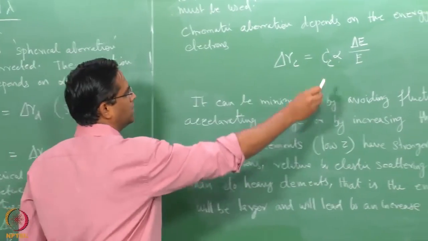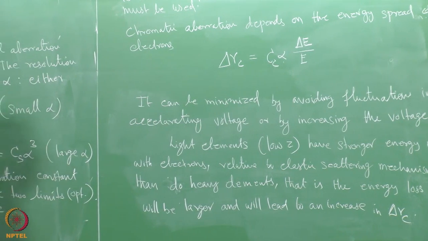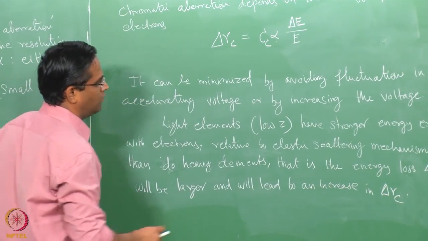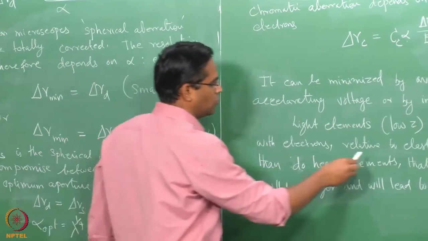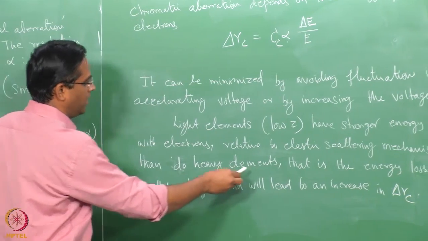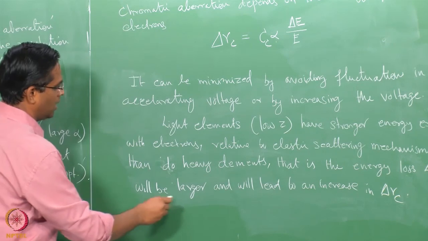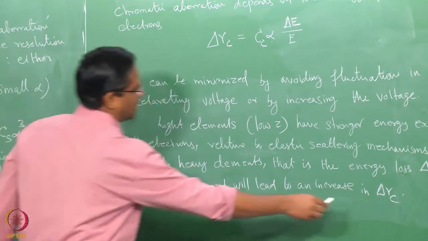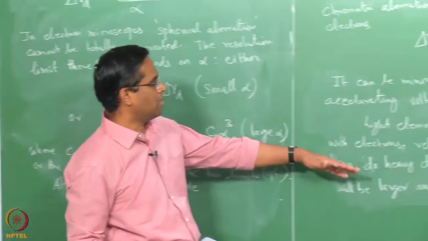So, if you increase the voltage, then the energy spread can be minimized. The light elements, that is low atomic number elements, have stronger energy exchange with electrons relative to elastic scattering mechanisms than do heavy elements. That is, energy loss delta E will be larger and will lead to an increase in the delta RC. So, this is the answer for the last part of the question.